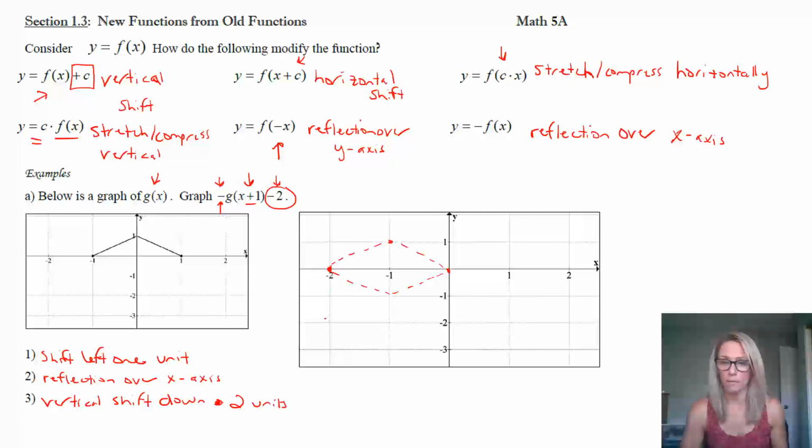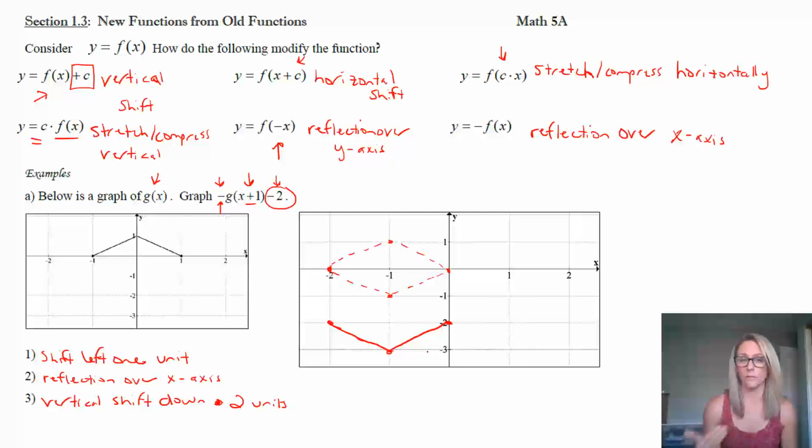So I'm just taking every value and I'm moving it down 2 units. So I have this value goes down 2 units, this value comes down 2 units. So I don't need to come up with every value, I just need to do enough to where I can get the shape of it. So this is the graph of negative g of x plus 1 minus 2.